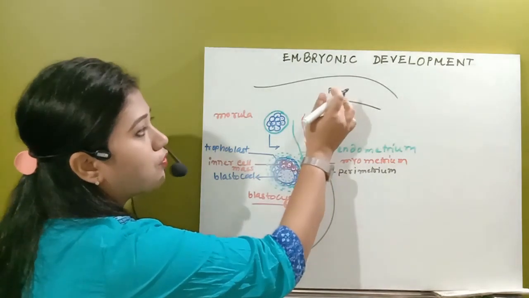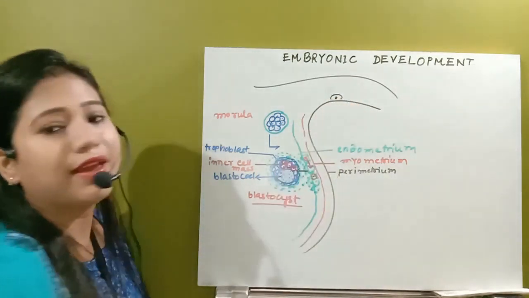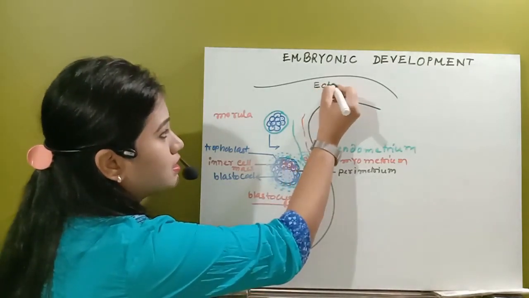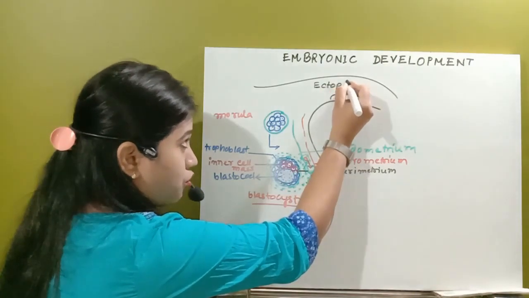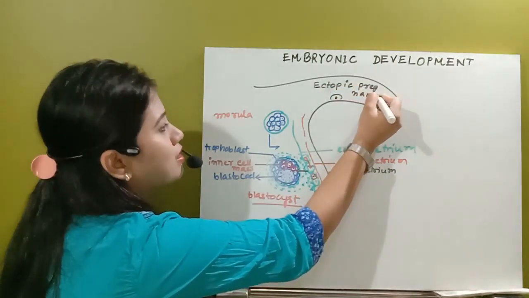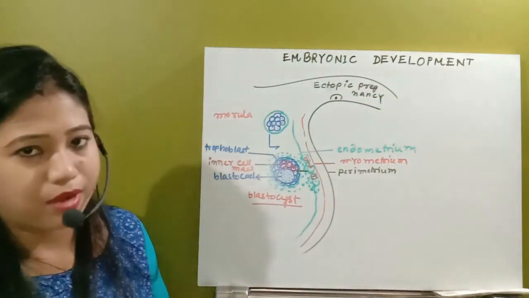If implantation occurs in the fallopian tube, that is known as ectopic pregnancy, and ectopic pregnancy is dangerous for both the mother and the embryo, the baby also.